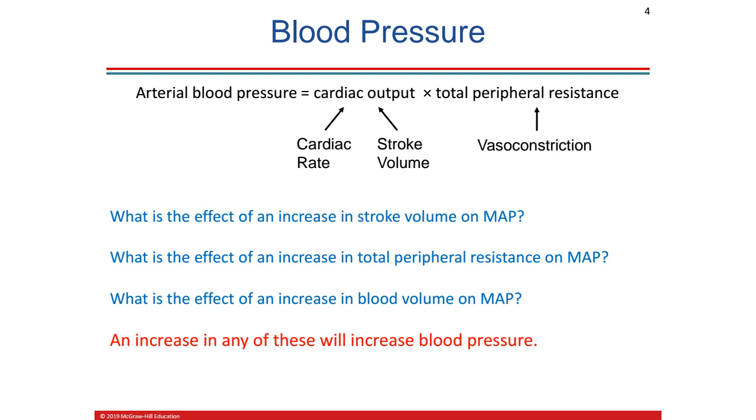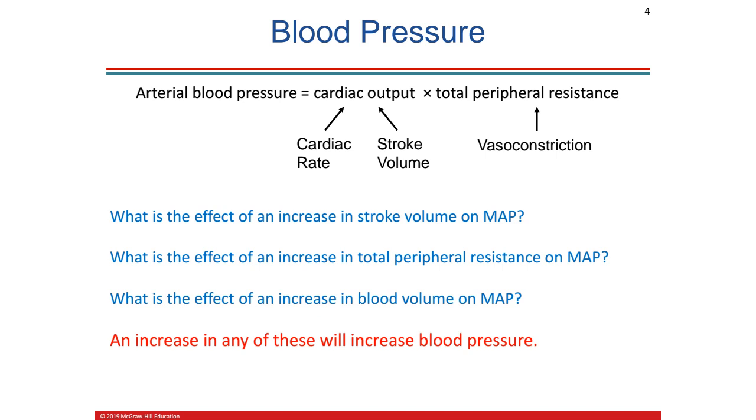What about an increase in blood volume? Well, blood volume isn't explicitly shown in this equation, but we can use our knowledge to understand what would happen. When you have an increase in blood volume, there's increased venous return. An increased venous return would mean there's an increased end diastolic volume.